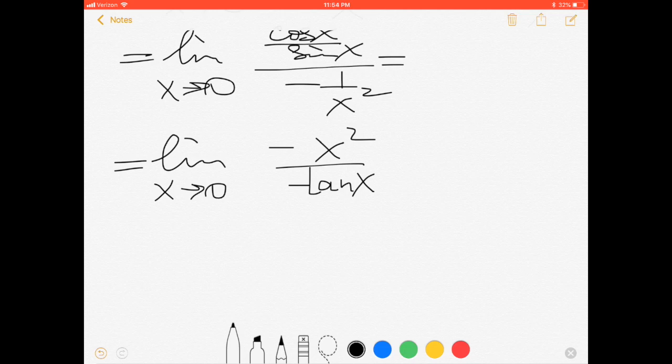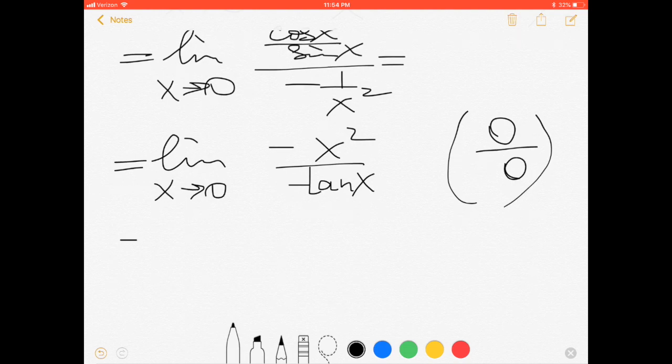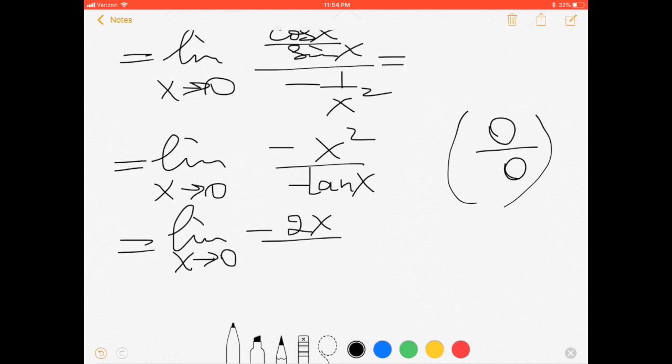If you plug in 0, you have 0 over 0. This means L'Hopital's rule still works. You see, sometimes we use it more than one time. Okay, for this example, you have minus 2x over secant squared x. Now here is great, because if you plug in 0 here, you have 0 over 1. This is 0.